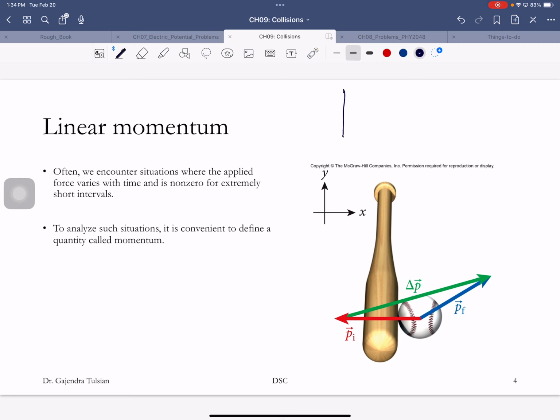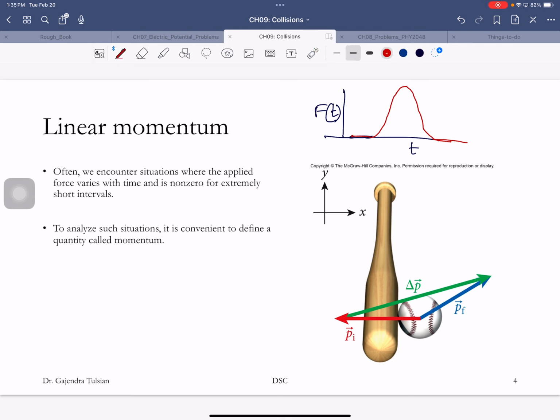The force that the bat exerts on the ball is zero before the ball comes in contact, then it rises up and goes down like this. At the peak, the force the bat exerts on the ball can be 3,000 times the weight of the ball. It can be very large. In most sporting events, those are the kinds of forces that happen. So just using Newton's laws won't help us solve it.